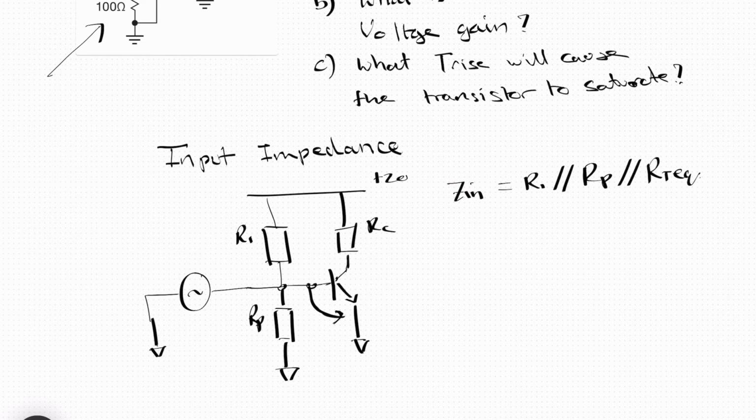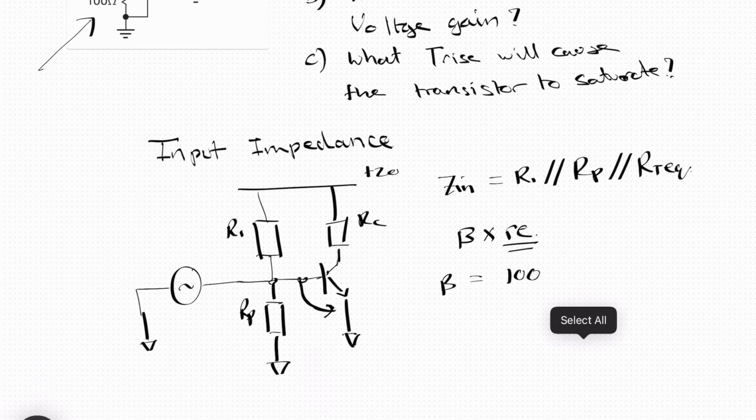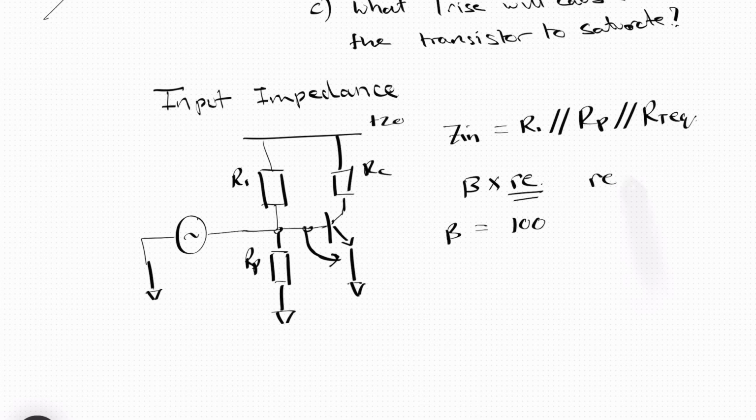Now RTEQ, which is what I'm calling this resistor over here, is going to be beta times RE. RE is the intrinsic emitter resistance over here, and beta we're going to assume equals 100, and beta is the current gain of the transistor. RE is equal to VT over IC.